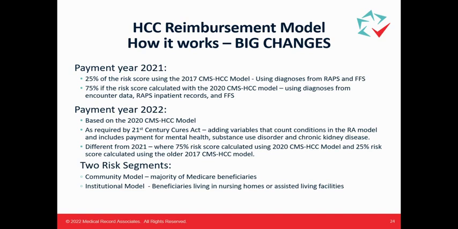Different from 21, where 75% of the risk scores were calculated using the 2020 CMS model and 25% calculated using the older model, which we talked about above. There are 2 risk segments. We've got the community model, which is the majority of Medicare beneficiaries, and we also have the institutional model, which are beneficiaries living in nursing homes or assisted living facilities.